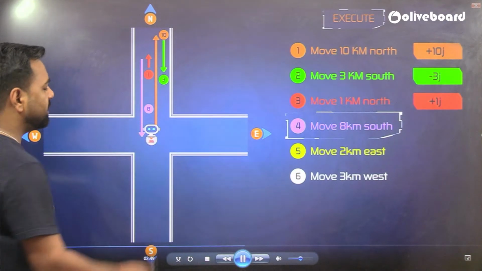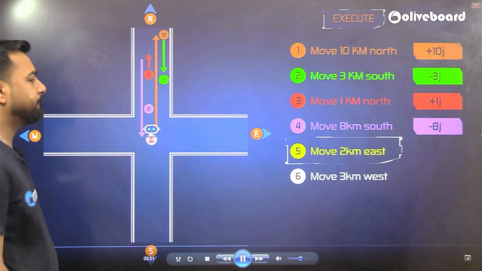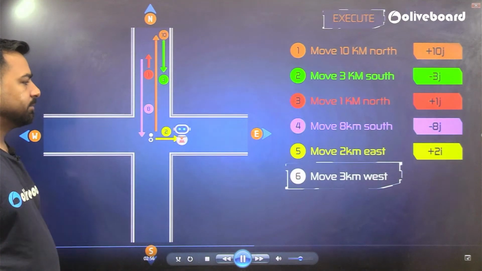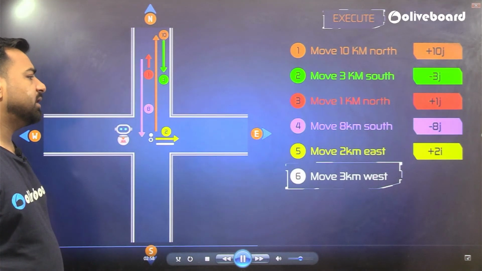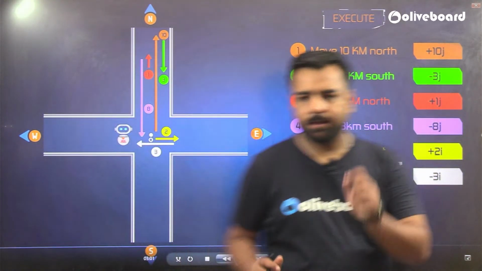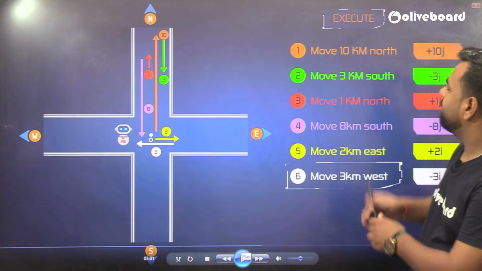then 2 kilometers in the east, so 2 kilometers here, and then 3 kilometers in the west, so minus 3 i cap. Cool. So guys, before proceeding, the commands which I was giving also involved the direction.